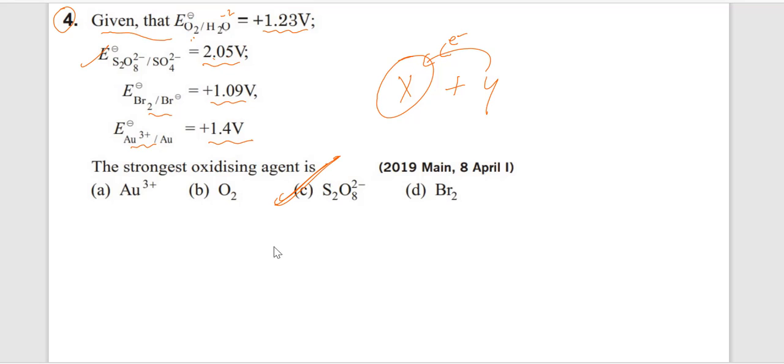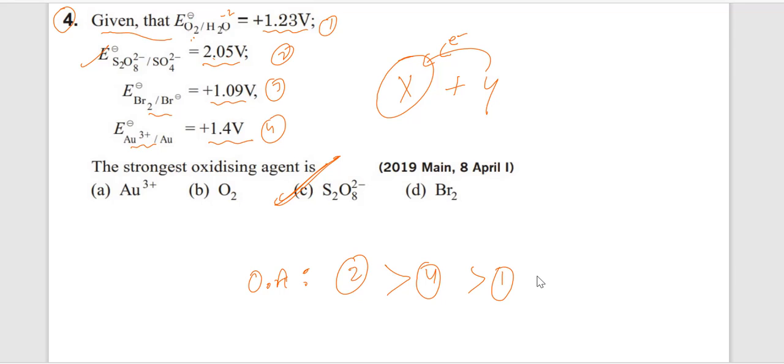Okay, if you want the answer order, I am giving number 1, 2, 3, 4, the oxidizing agent order is obviously 2 the highest, then 1.4 means 4, then 1.23, then 1.09, the least.